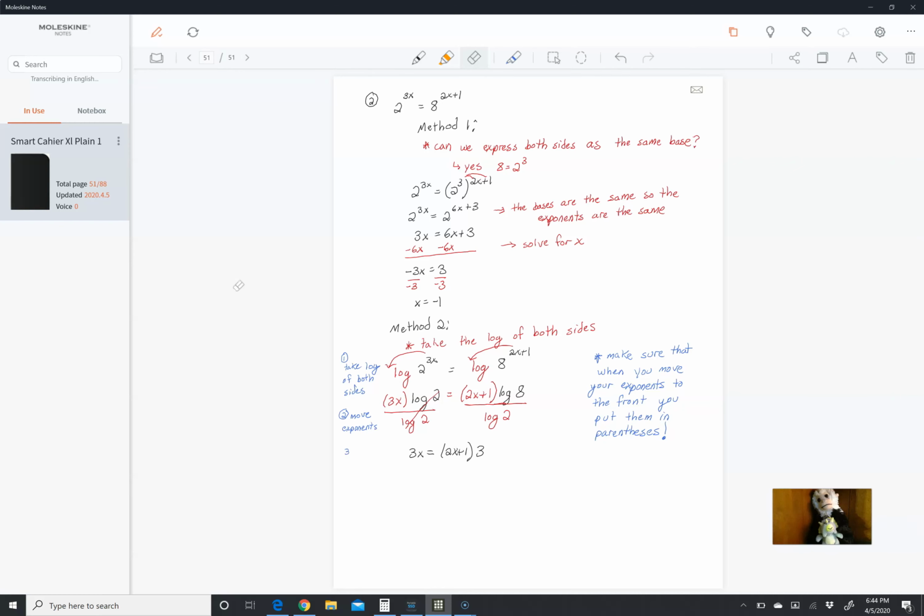And our 3 was to divide both sides by one of the logs. The next step is going to be distribute, because we have to distribute that 3 so that then we could solve for x. So it's a 5-step problem.